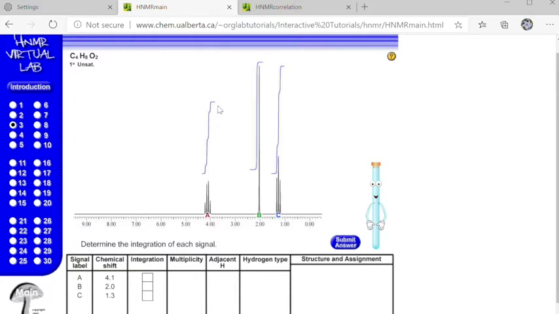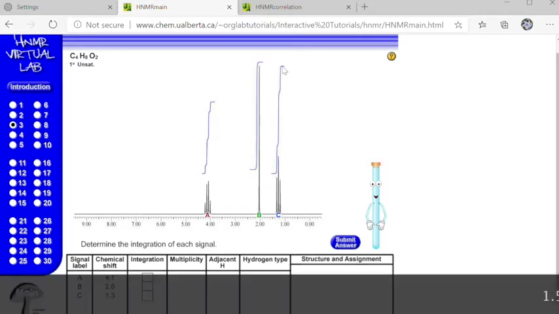So now we're going to do the integration, and so we're going to integrate this whole area right here. This is called the integration, and since we know that there's 8 hydrogens, we're going to tally up the sum of the inches high each of these blue stepping brackets equals. So you're going to use a ruler. This first one is 1.5 inches. This second one is 2 inches.